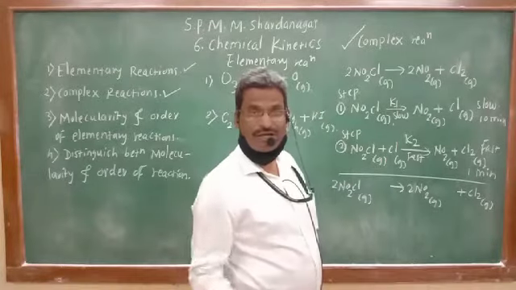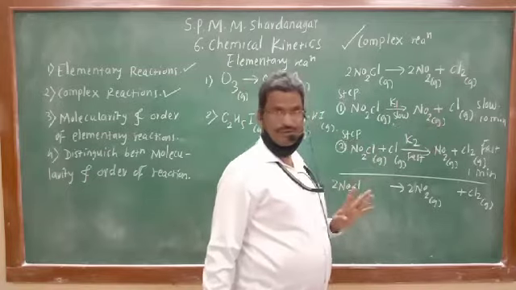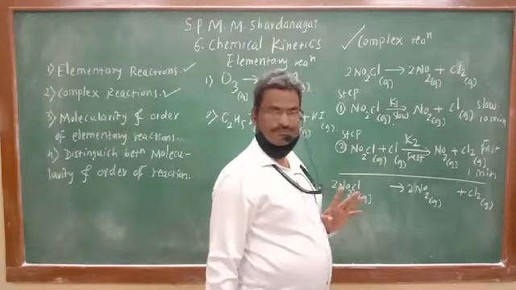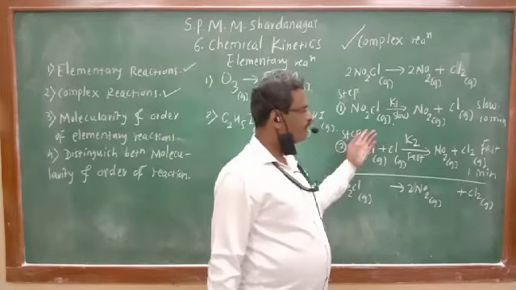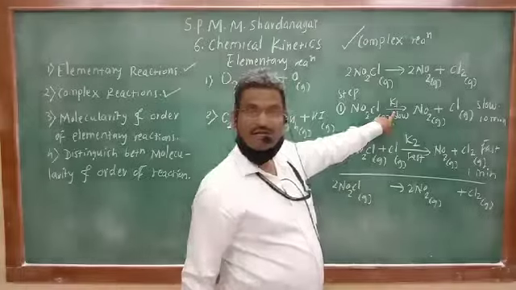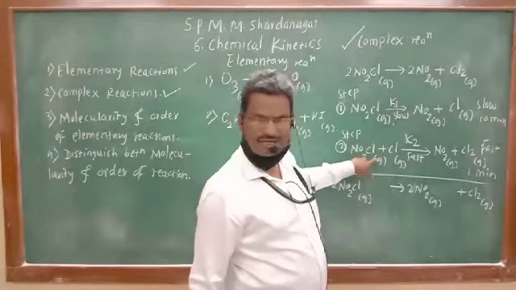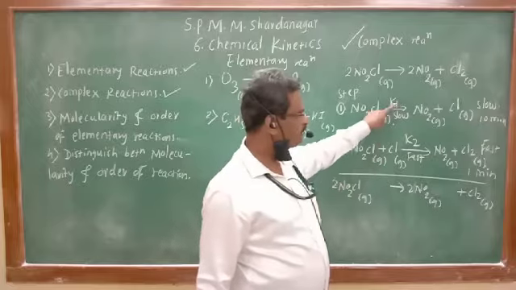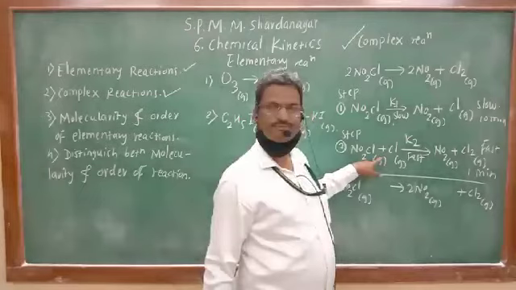What is the total time required? 11 minutes. This is the fast reaction. If the time required over here is 100 minutes, this is 1 minute, fast. If this is 1000 minutes, this is still 1 minute because this is fast.